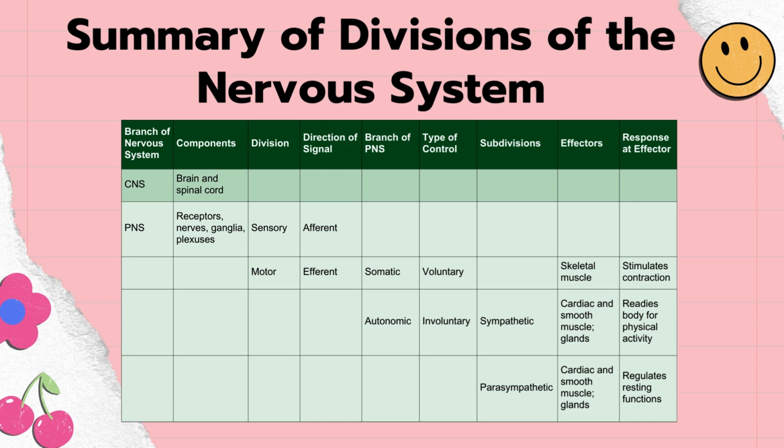Now, the involuntary nervous system is divided into the sympathetic and parasympathetic divisions. The sympathetic division goes to cardiac and smooth muscle and glands, and it readies the body for physical activity. The parasympathetic goes to the same effectors of cardiac and smooth muscle and glands, and it regulates the resting functions.